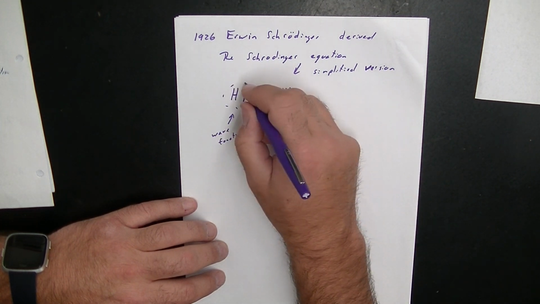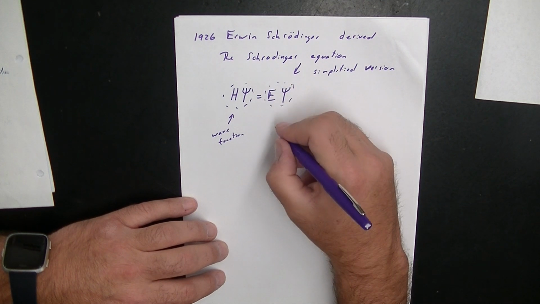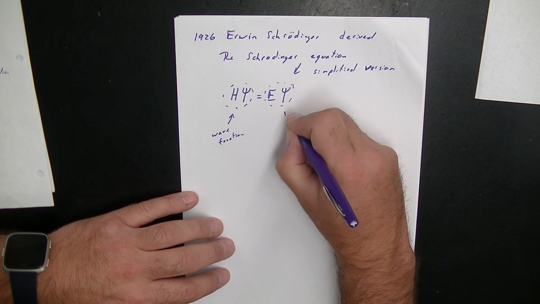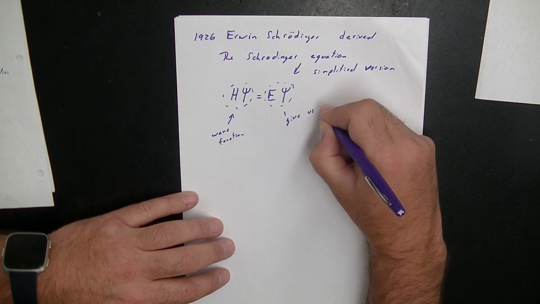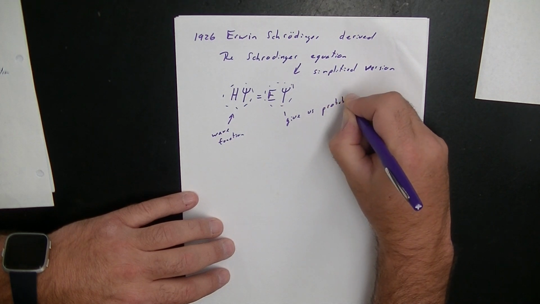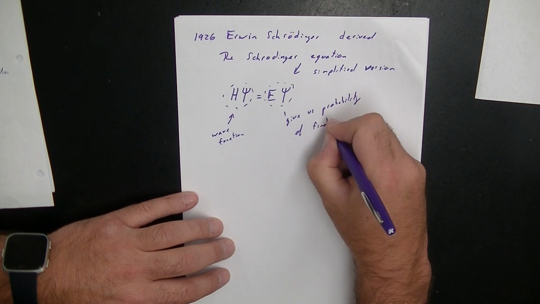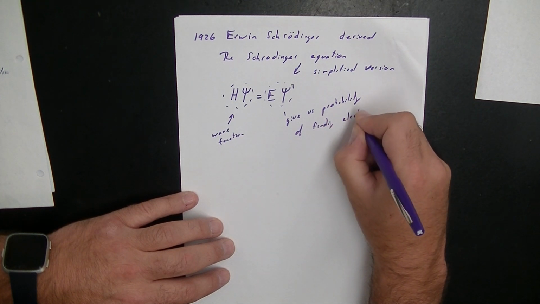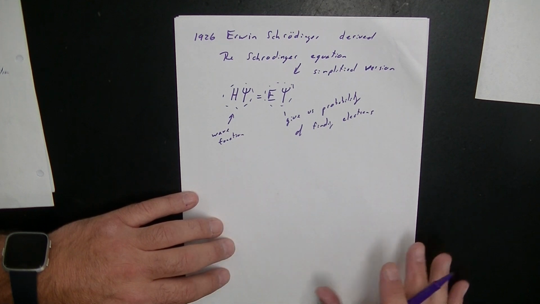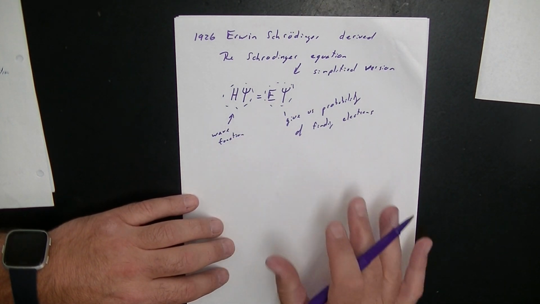When we apply this wave function to electrons, this gives us the probability of finding electrons. Again, you're never going to use it. You're never going to calculate anything with this.